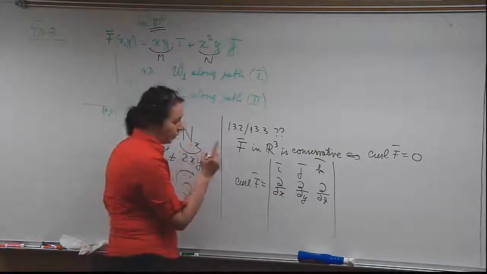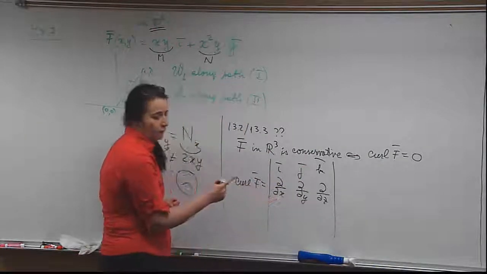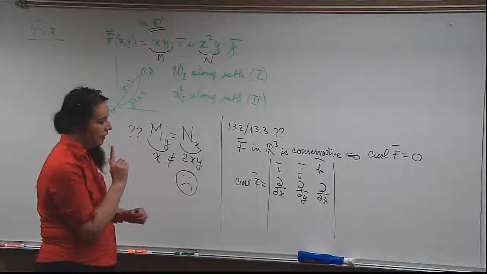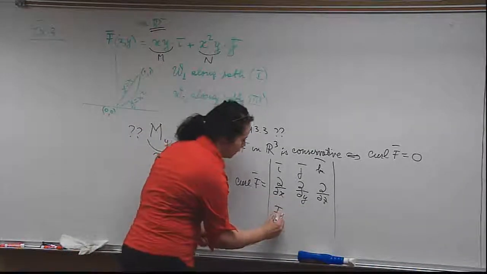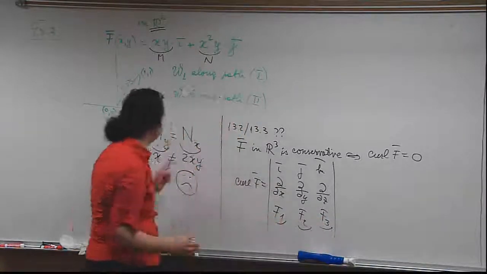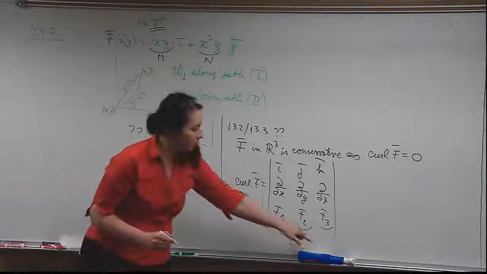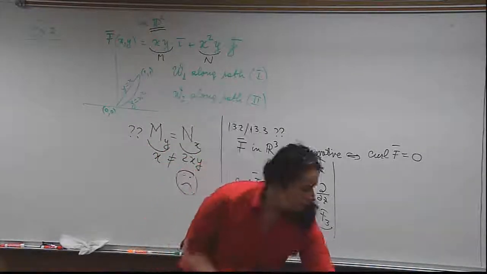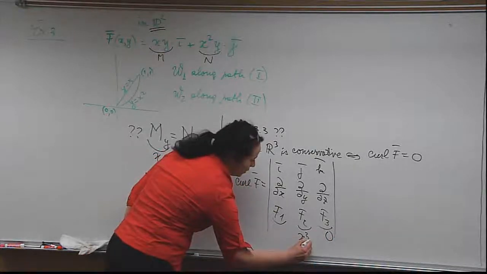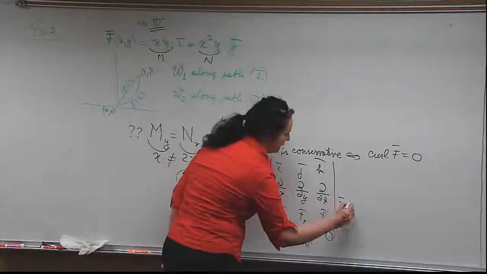So you have the operator, derivative with respect to x, y, z, followed by F1, F2, F3. In your case, what is the third component? 0. So this is 0, this is x squared y, and this is xy.